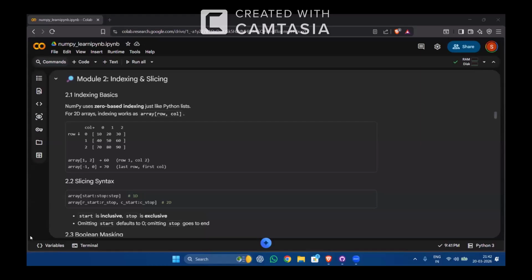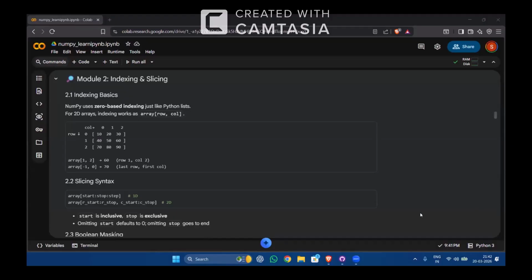And if you are creating a two-dimensional array, then we have to use two values to represent the row as well as the column. The first value is representing the row, the second value is representing the column. And it supports negative index too. A negative index is useful if you don't know how many rows there are but want to access the last row: you can use -1 to represent the last row.